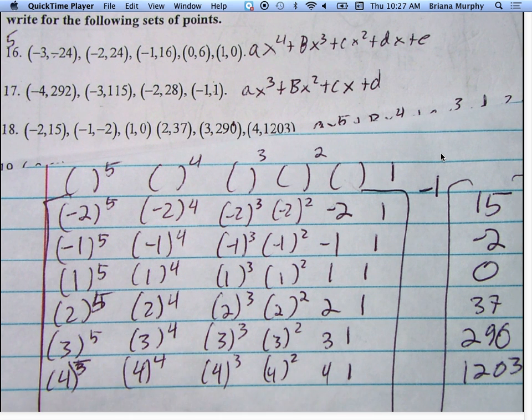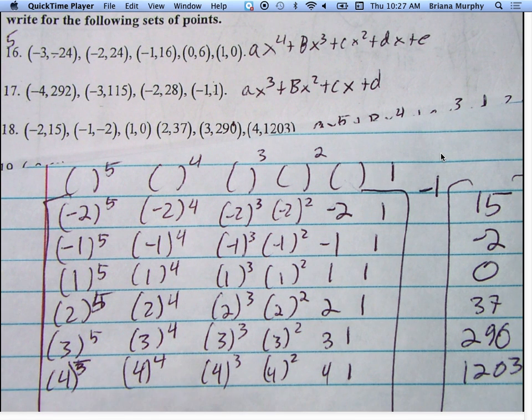And we have 3 to the 5th, 3 to the 4th, 3 to the 3rd, 3 squared, 3 and 1. And we have 4 to the 5th, 4 to the 4th, 4 cubed, 4 squared, 4 and 1.